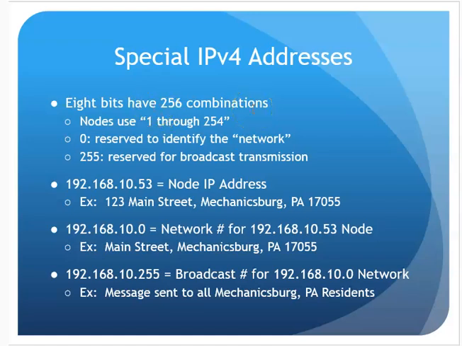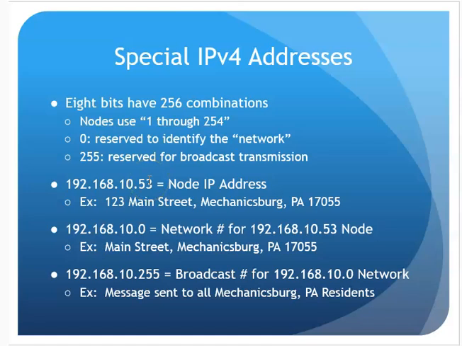We also want to remember that when we're dealing with network addressing, if I have a 0 here in this host portion, it's being used to identify the network, like Main Street in Mechanicsburg, as opposed to Main Street in Carlisle, if you will. So when I have 0 in that host portion, I'm identifying the network. When I have the actual number here, that's going to be the node.